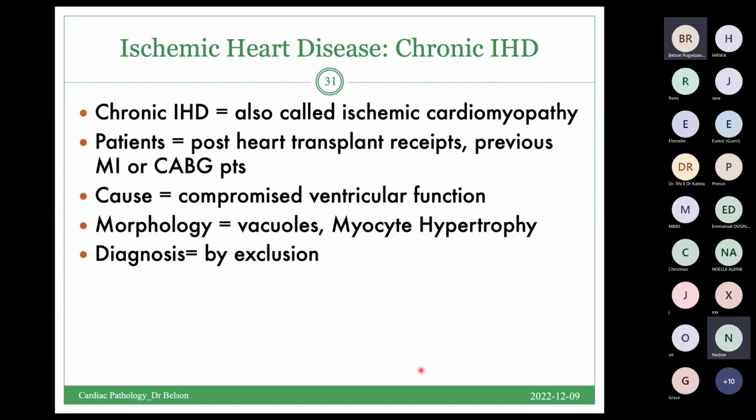So the same applies to the heart. Because of this, compromised ventricular function, morphology, vacuoles, myocyte hypertrophy, and this is diagnosis by exclusion. Diagnosis by exclusion is when you exclude all other possibilities.